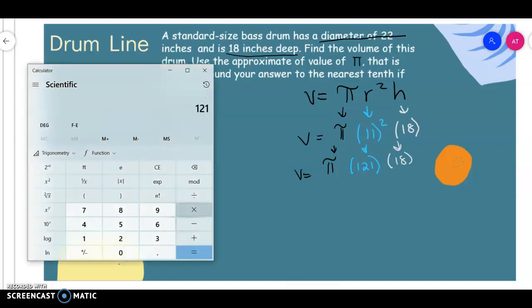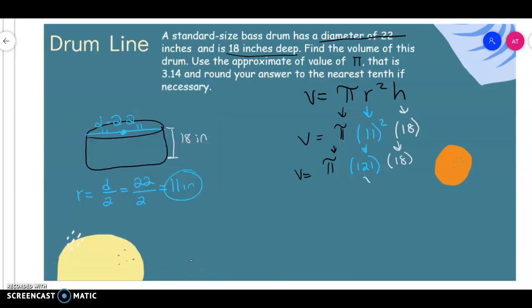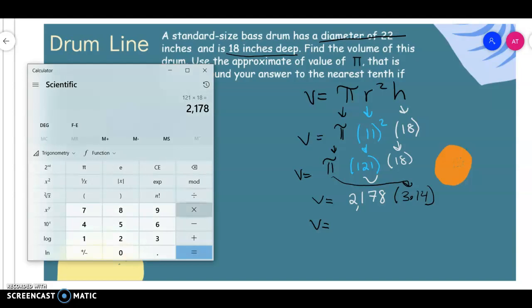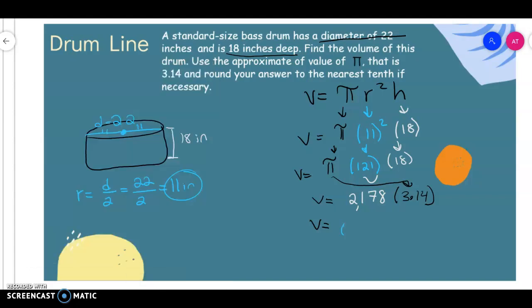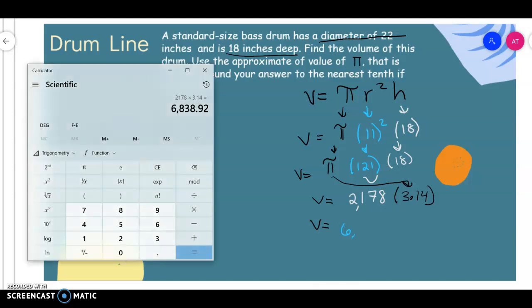So 121 times 18 is 2,178. And it says use the approximate value of pi, 3.14. So we're going to multiply by 3.14 and then round to the nearest tenth. So let's see what this is going to get me. Times 3.14. Wow, super large number. That's a lot of water. Or it's a big volume of a drum if I was going to fill it up.